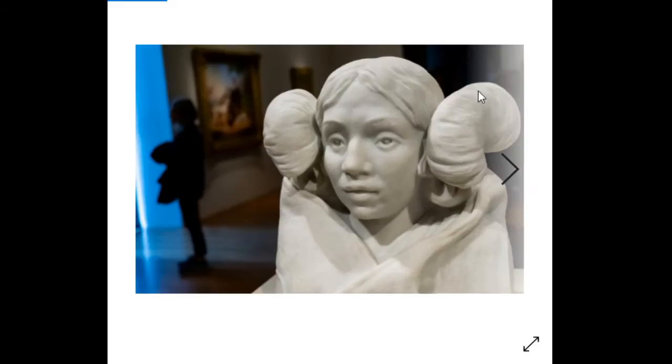That's for later. This one is called Hopi Woman. It is from the DeYoung Museum in San Francisco, which is in Golden Gate Park. And she does have a companion sculpture called Hopi Man.